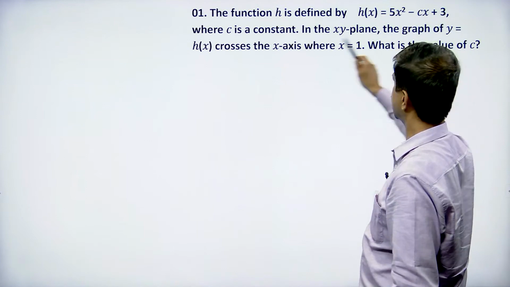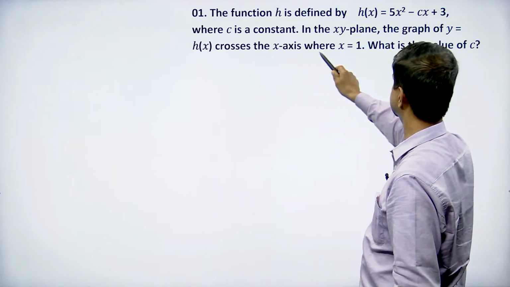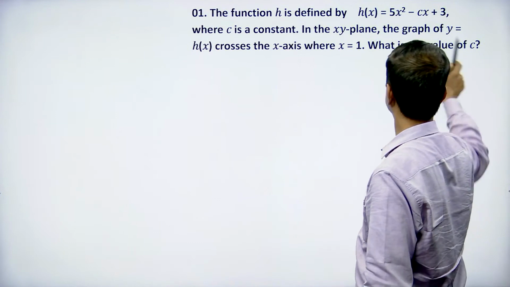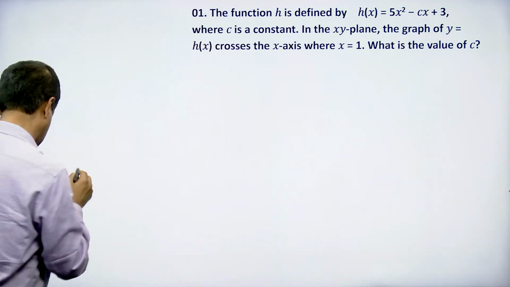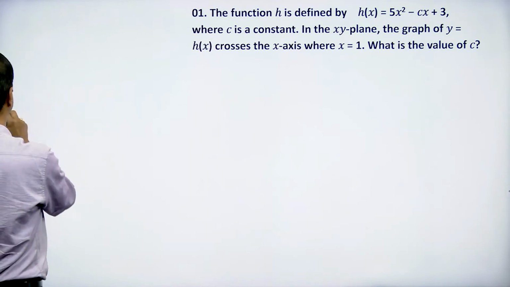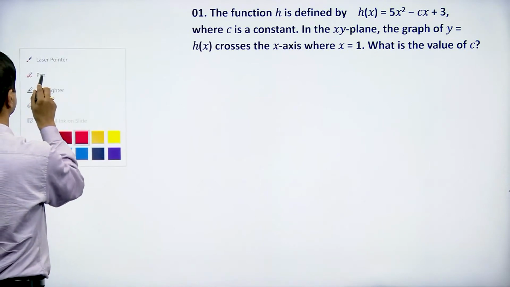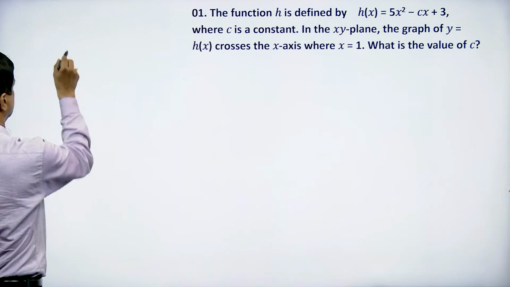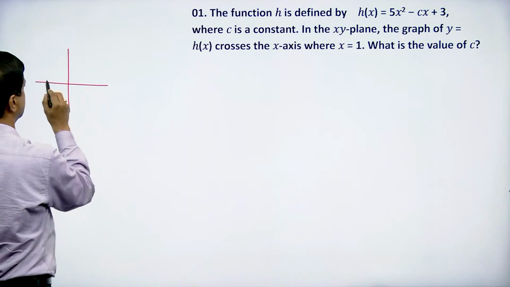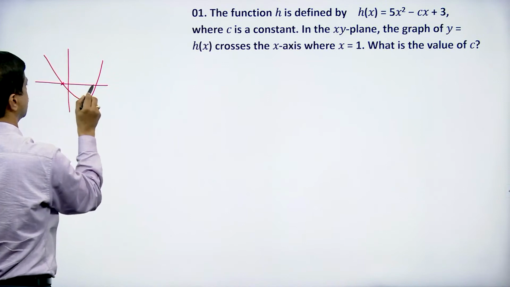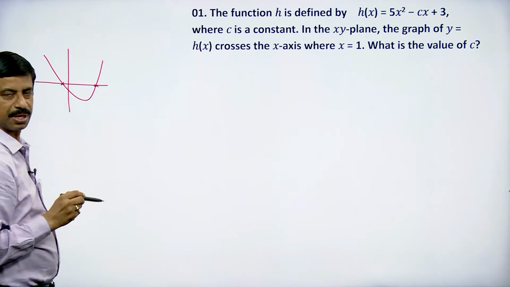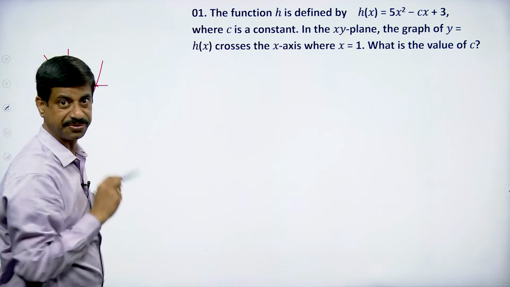The graph of y equal to h of x crosses the x-axis where x equal to 1. What is the value of c? So children, wherever the graph cuts the x-axis, see, if the graph is like this, it is cutting at two distinct points, which means there are two solutions, two roots.